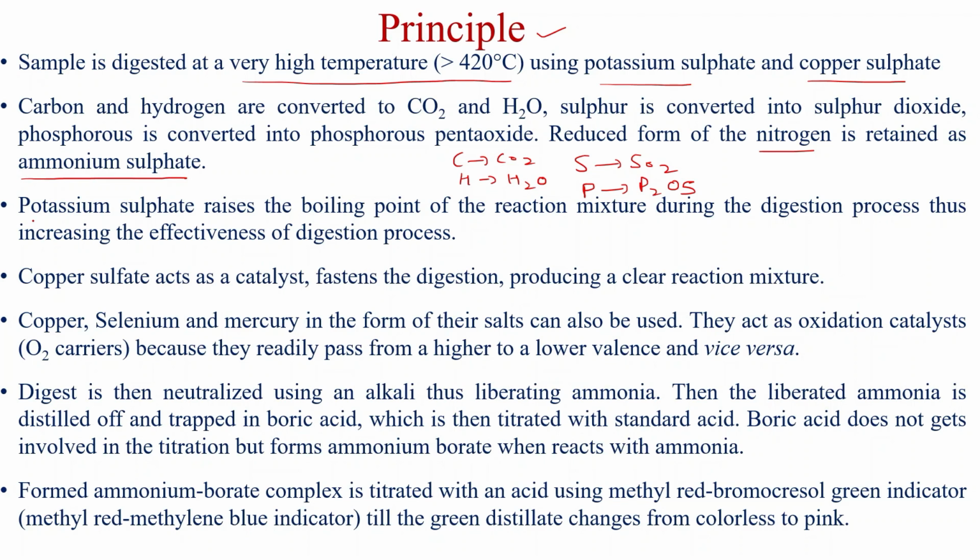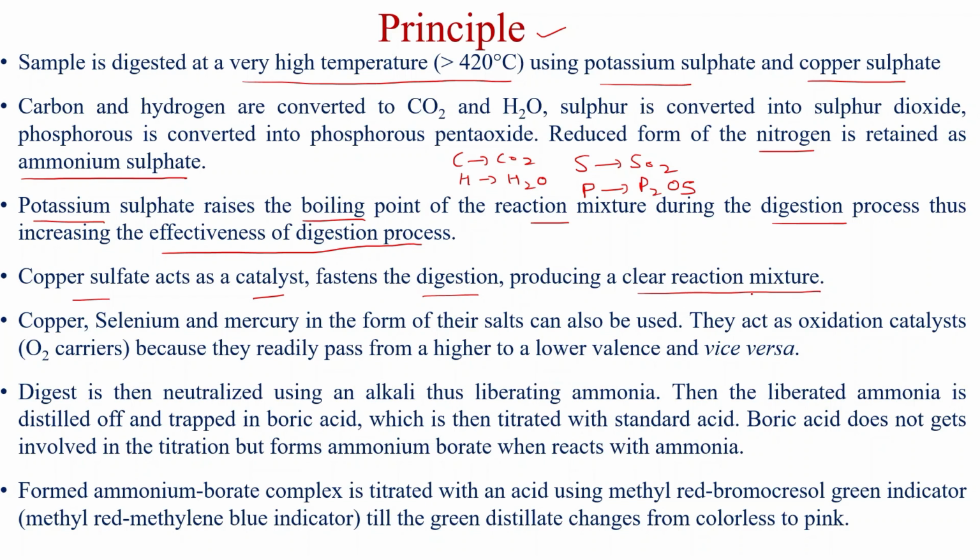The purpose of using potassium sulfate in the mixture is to raise the boiling point of the reaction mixture during the digestion process, thereby increasing the effectiveness of digestion. Copper sulfate serves as the catalyst, which speeds up the digestion and also produces a clear reaction mixture.